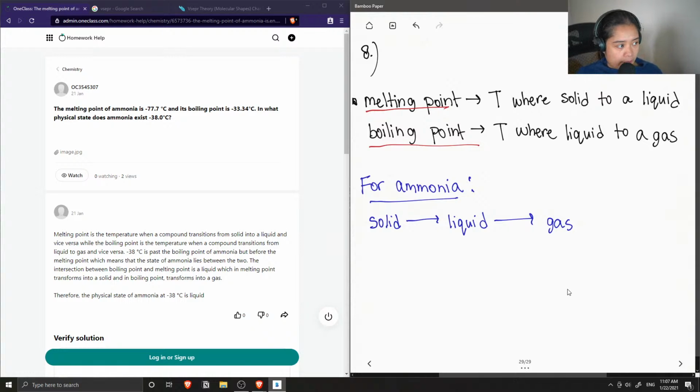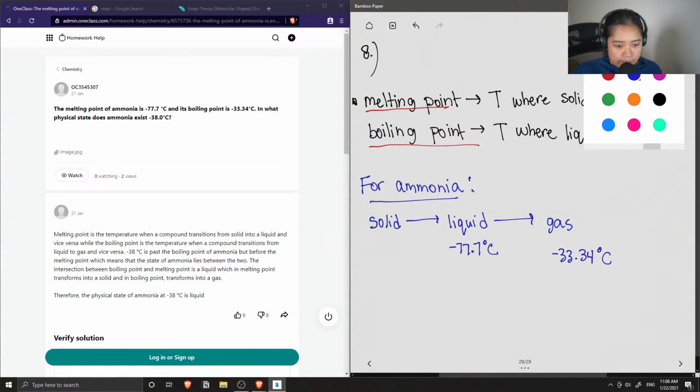And we know that its melting point is negative 77.7 degrees Celsius, and we know its boiling point is negative 33.34 degrees Celsius. So when the temperature is negative 38, this is found kind of in the middle, maybe closer like this.